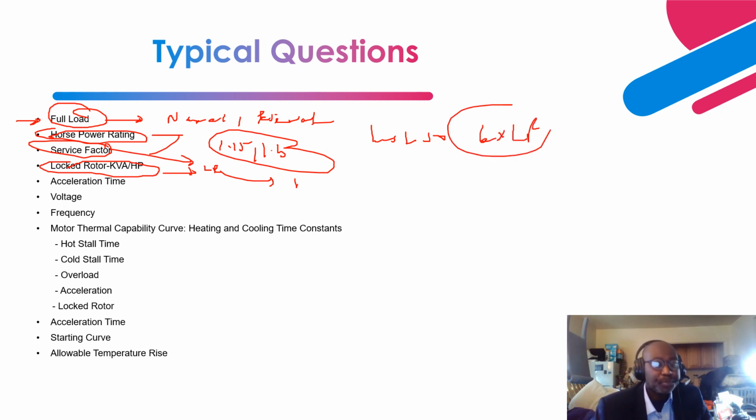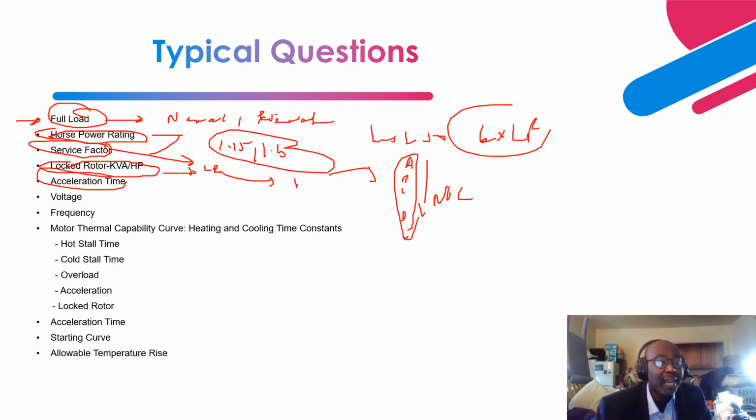Now your lock rotor kVA per horsepower, you can get from a letter code, A, B, C, D, E, F, that is from the NEC table. Based on the lock rotor code that you see on the nameplate or your technical documentation that your manufacturer provides to you, you can utilize the NEC table to check the amount of kVA per horsepower.